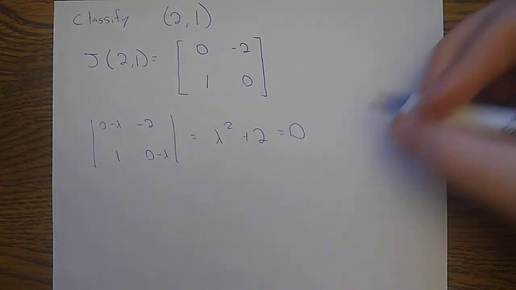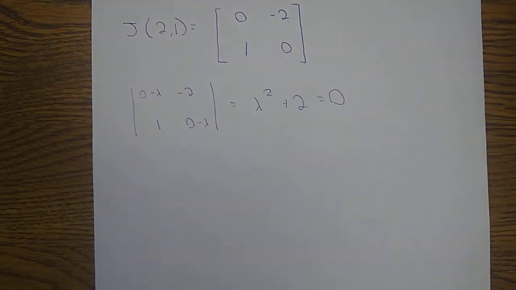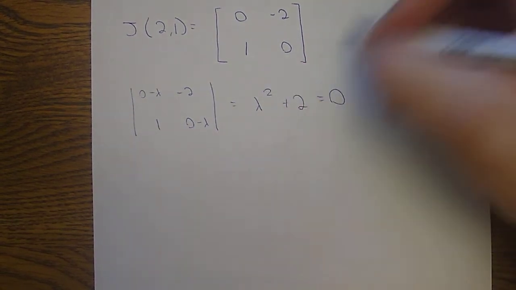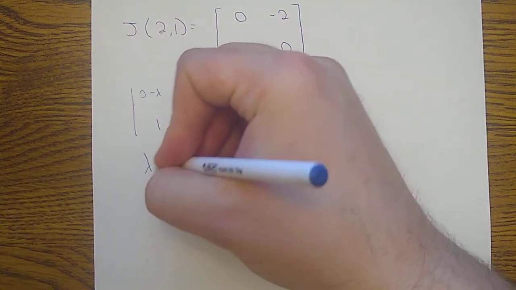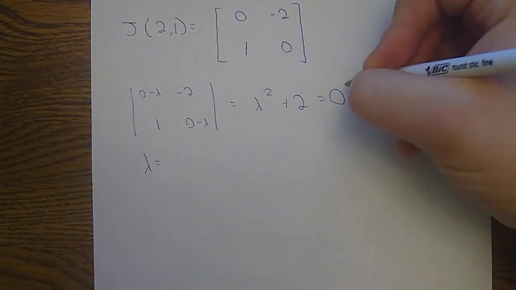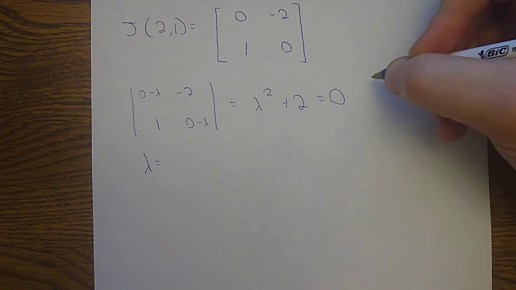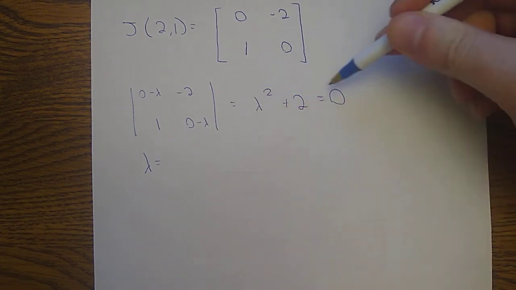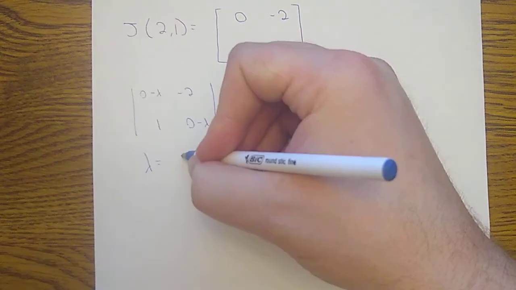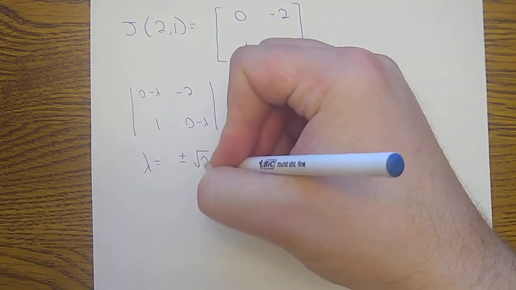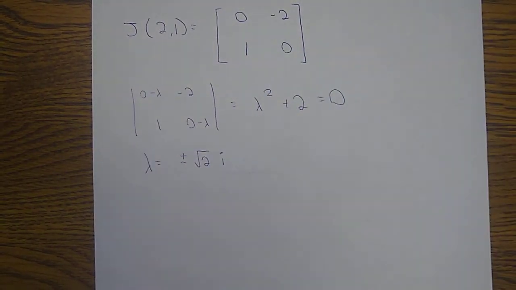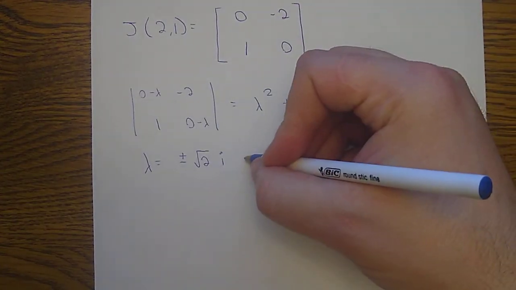And I solve this for lambda. I'm getting ahead of myself because I just realized what's going to happen. Lambda squared would be -2, so lambda is plus or minus root 2i. So this is pure imaginary.